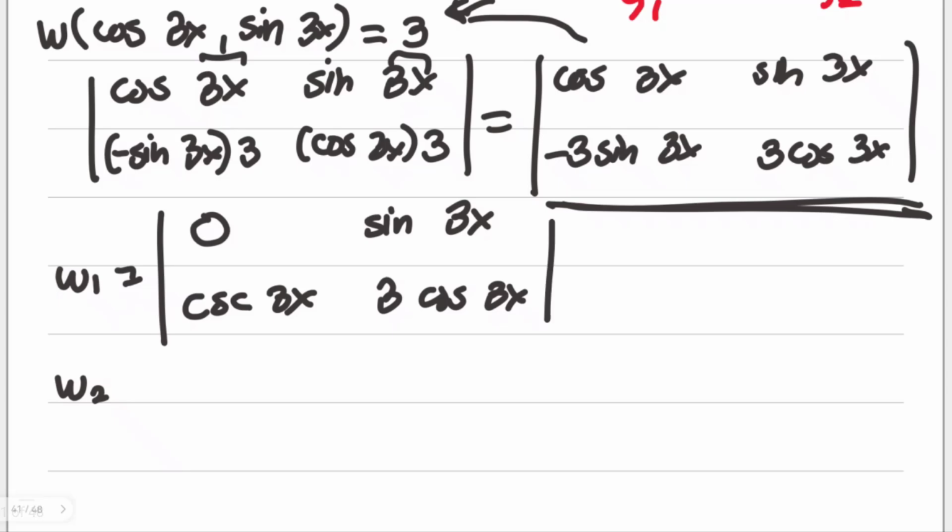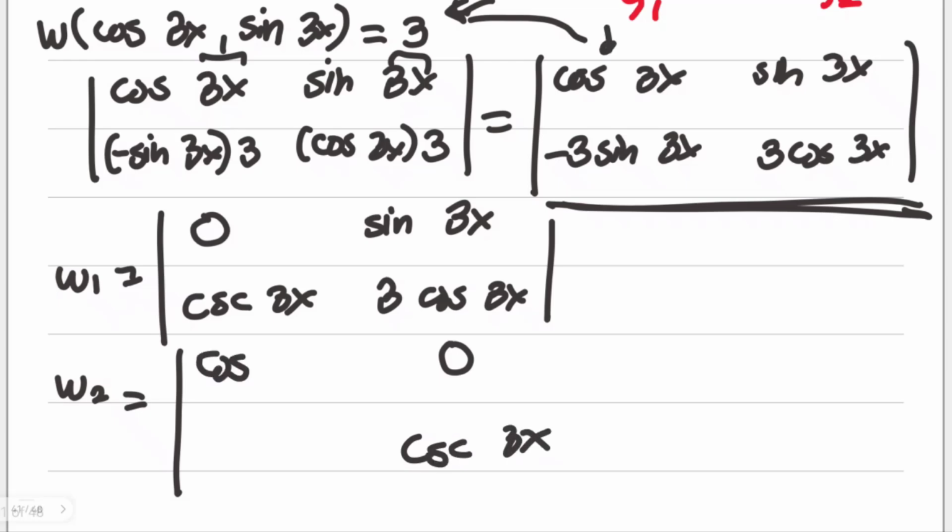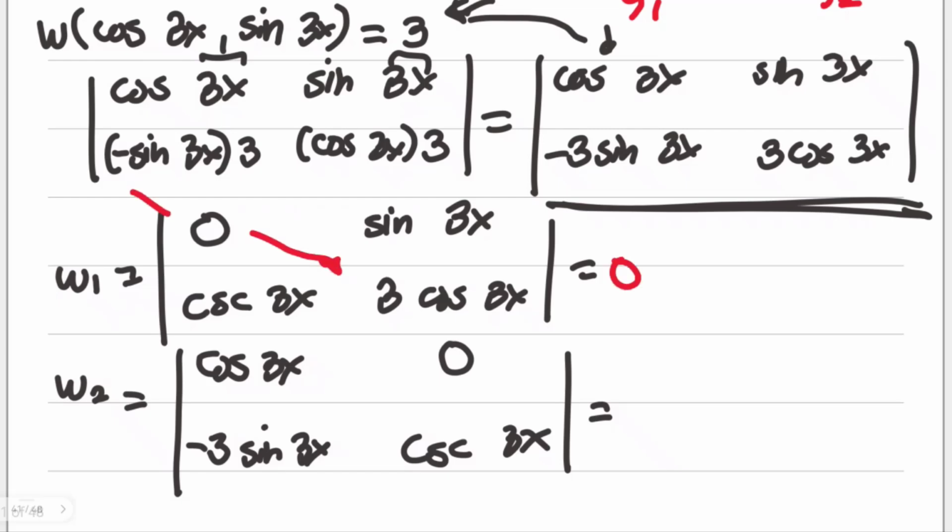Okay? So for W sub 2, it's the second row that will be changing, retaining this first row, cosine of 3x, negative 3 sine of 3x. So they are still both W, so still get the determinants of both. When you look into this, that's 0.